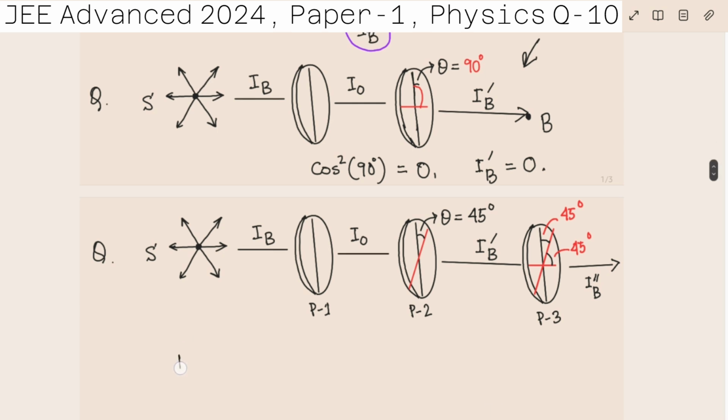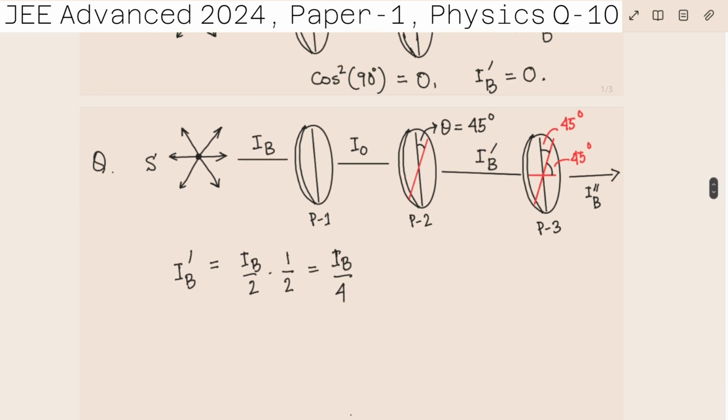So what happens in that case, when you have the three polarizers? We know the IB prime. IB prime is I0 over 2 times cos squared 45 degrees, as we calculated earlier, so that would be IB over 4, right? Now that IB over 4 is the incident light for polarizer 3.